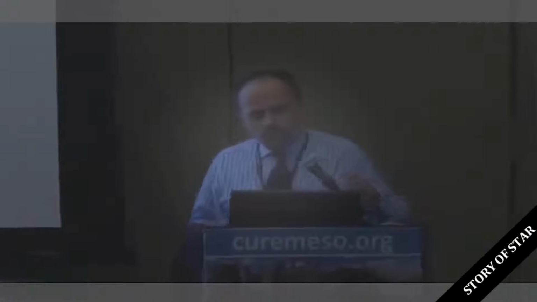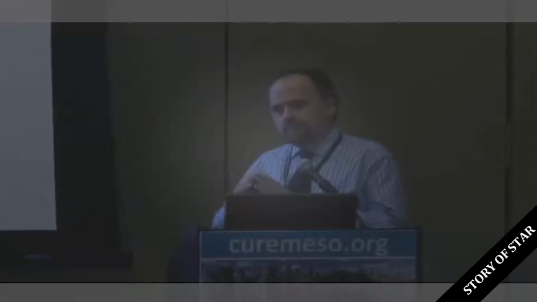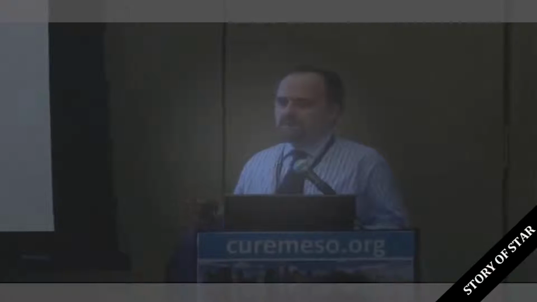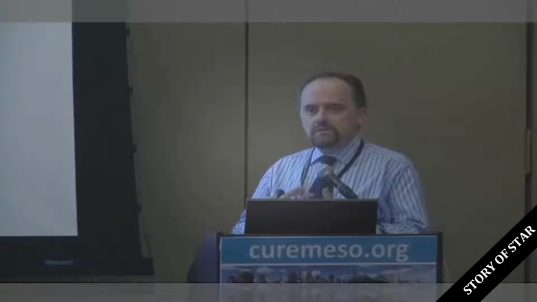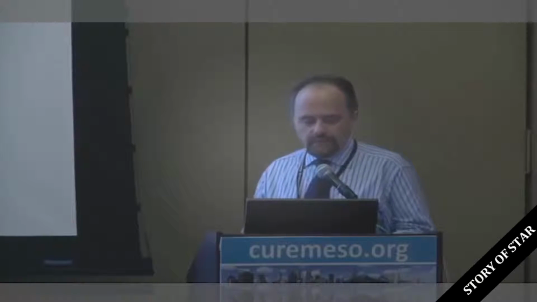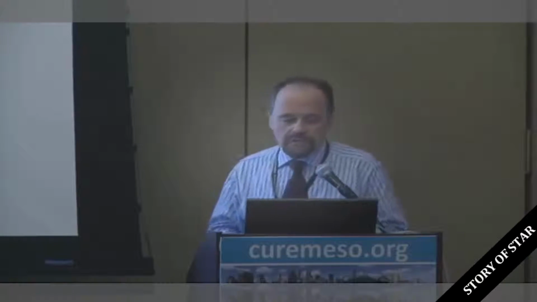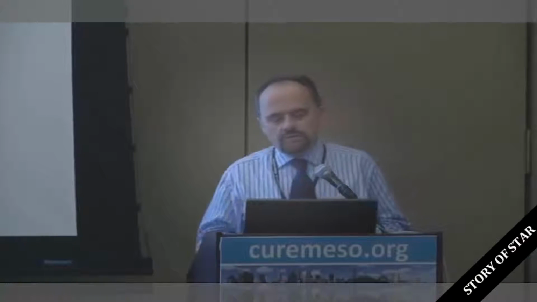So I just want to try to answer some questions that immediately come to mind now that we have this information about this germline BAP1 syndrome. The first question is, what percentage of mesothelioma patients without a family history of mesothelioma have a germline BAP1 mutation?